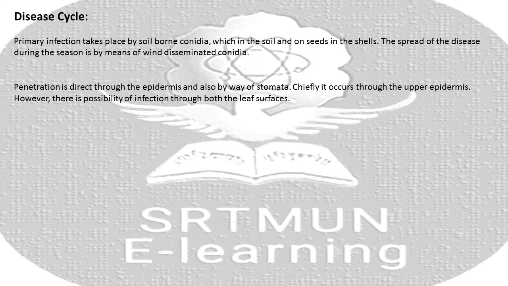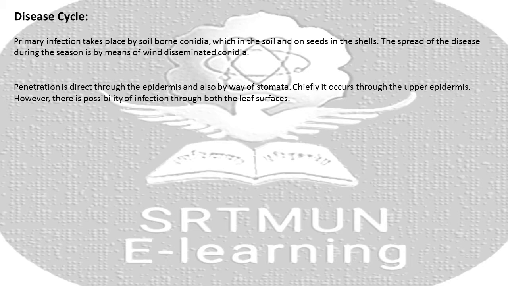Now, next point, disease cycle. Primary infection takes place by soil-borne conidia, which survive in the soil and on seed in the shells. The spread of the disease during the season is mainly by wind disseminated conidia.